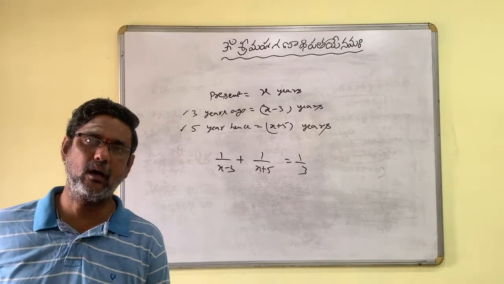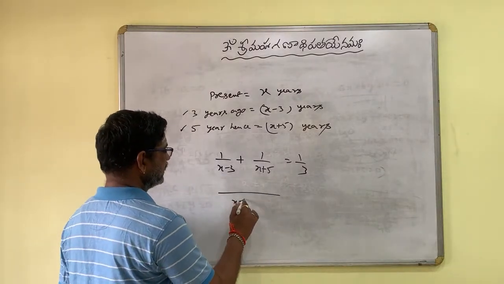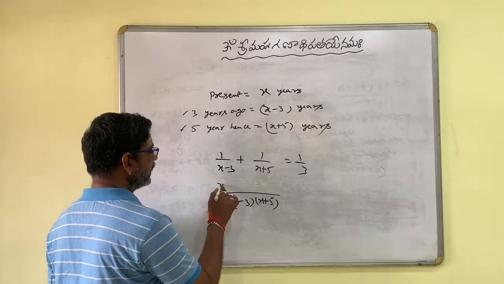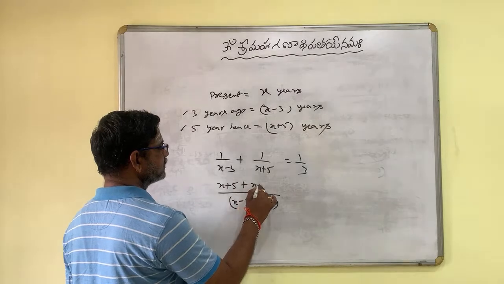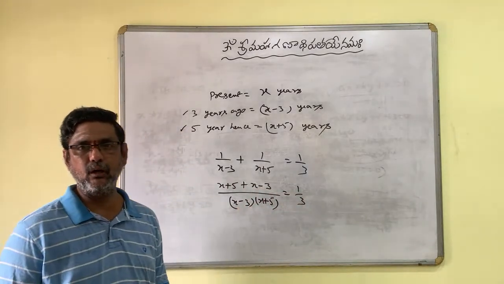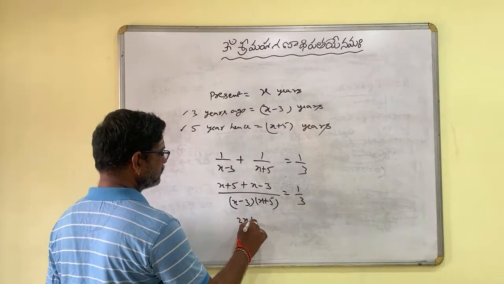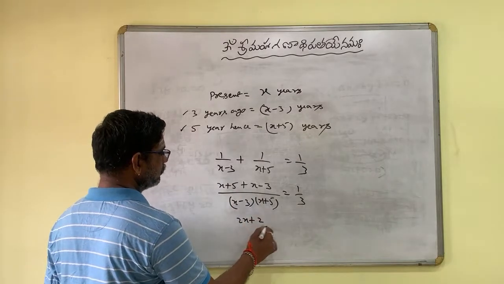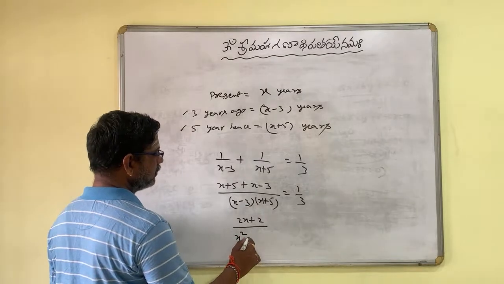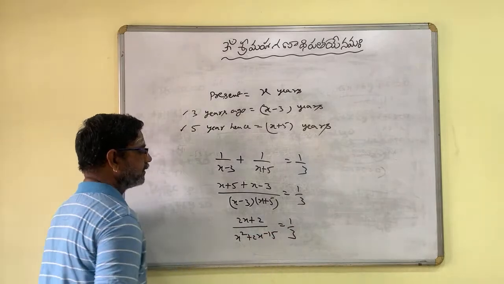Okay. Now, take out LCM. x minus 3 into x plus 5 is the LCM. So here I will get x plus 5 plus x minus 3 is equal to 1 by 3. Now simplify. 2x plus 2 by x square plus 2x minus 15 is equal to 1 by 3.